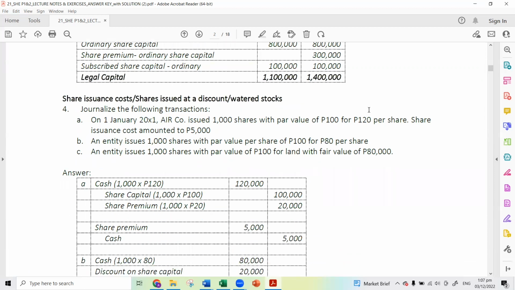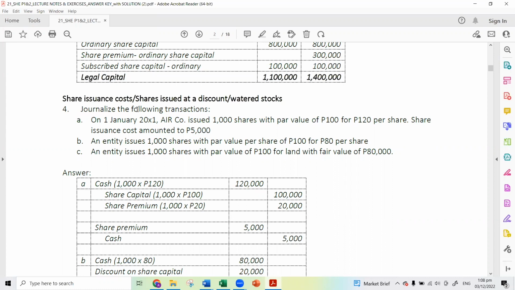Ano pa? So, let's deal with this share issuance cost. Itong share issuance cost, class, ito yung mga expenditures. Ano ba yung mga common dito? Ang common dito, class, yung mga regulatory fees, legal and accounting, professional fees, commissions, yung mga common na nakikita natin sa problem, printing cost of certificate, ano pa?